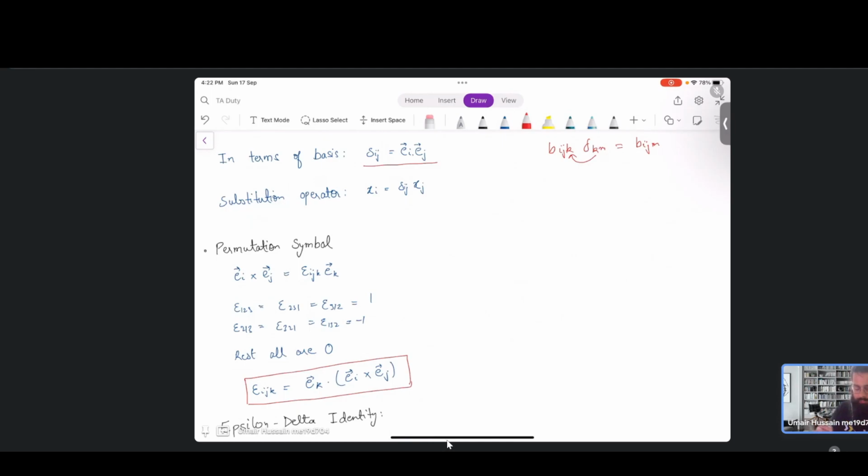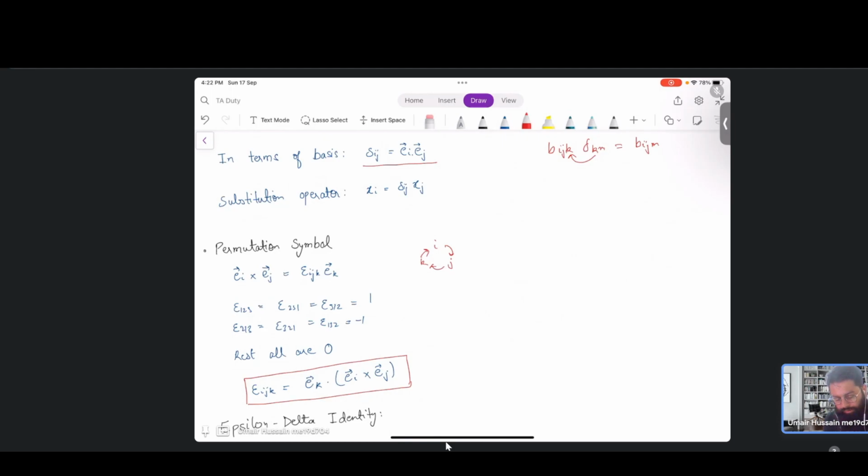The definition involves that if i, j, and k are in cyclic order, that is i, then j, then k, then i, and this cyclic order is maintained in replacing these i, j, k, then it gives one.